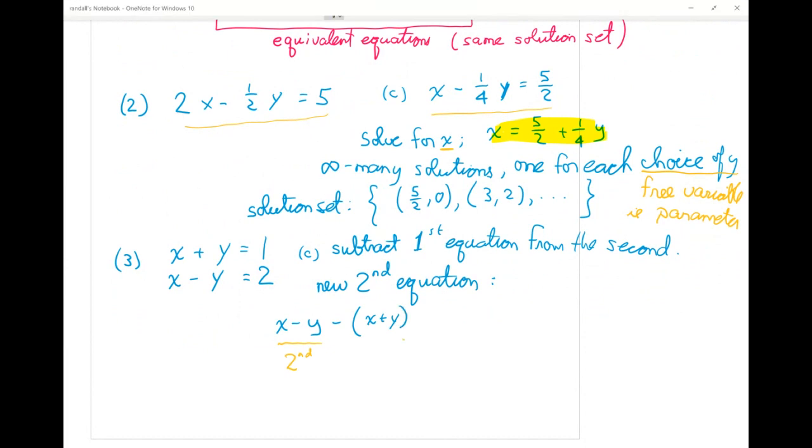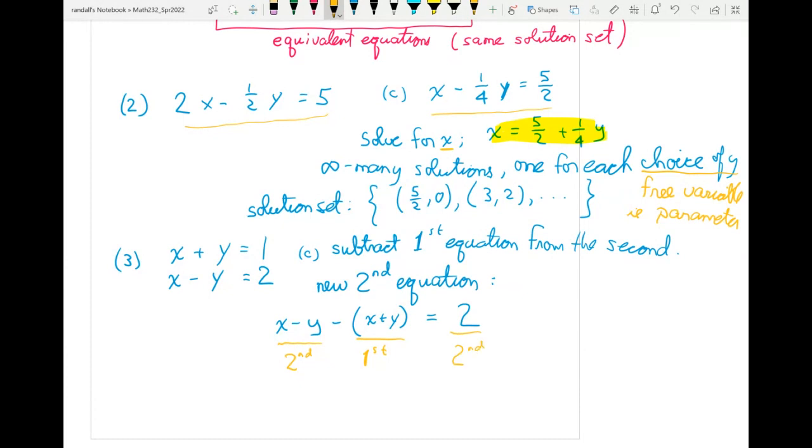That's now coming from the first equation. And now I do the same on the right-hand side. I have the right-hand side of my second equation, there it is. And I subtract what's on the right-hand side of my first equation, which, let me put it in blue, is 1.